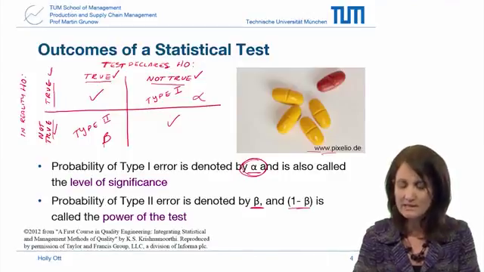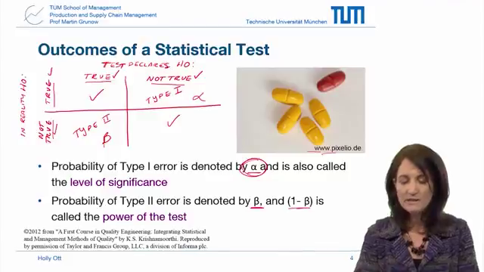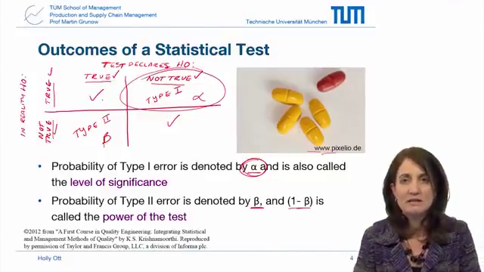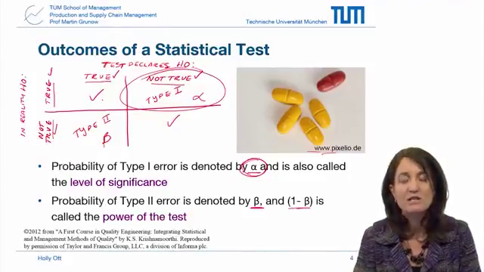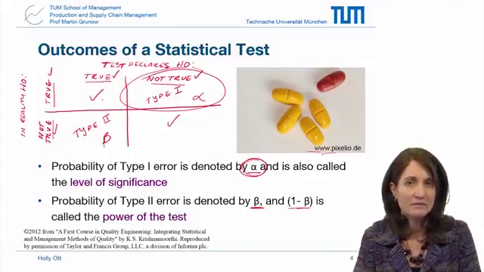And alpha is set to assume a certain small approved error. What this means is that alpha is limiting the false positives, which means that they're limiting the probability to reject the null hypothesis and accept the new drug, even though the new drug has no effect.